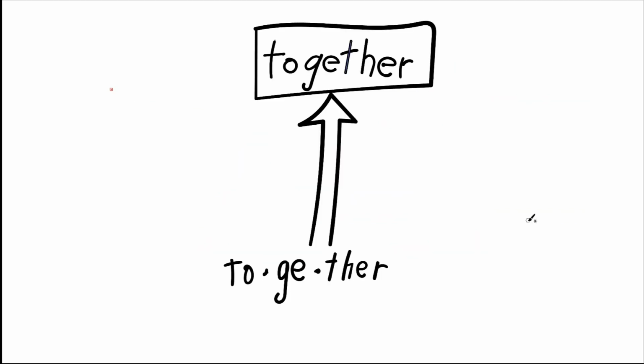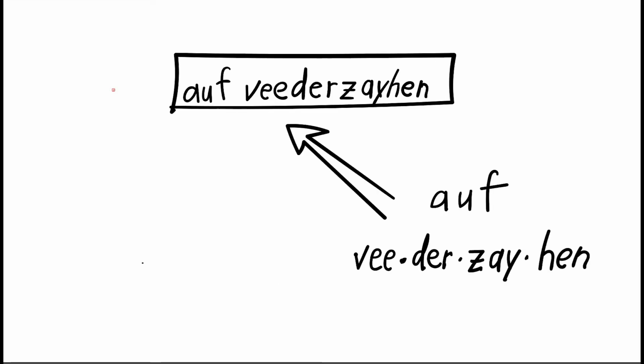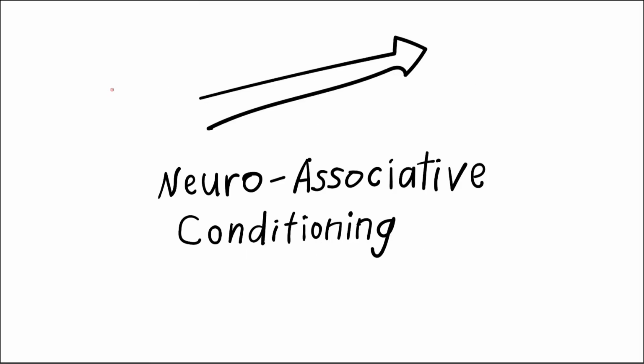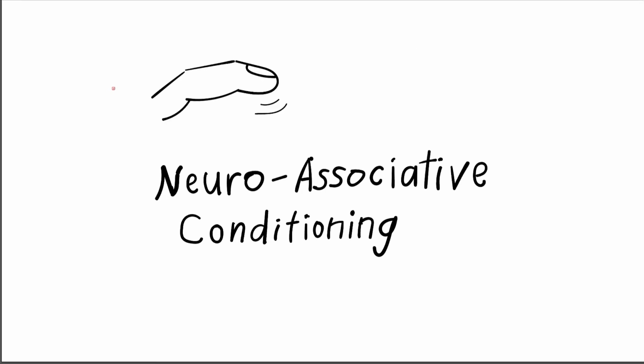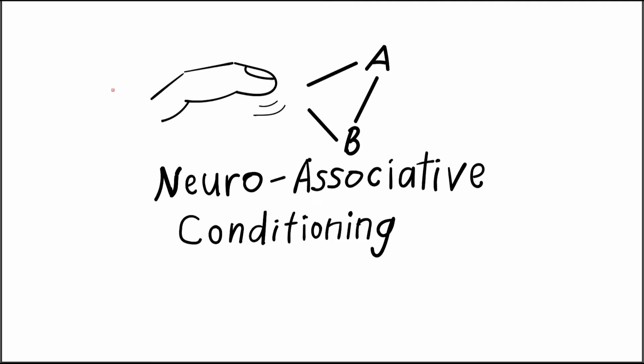Using one big arrow can bring syllables together into one thought. This one arrow includes articles and entire phrases. Imagining a big arrow is a form of neuroassociative conditioning, a technique used to associate a physical sensation such as tapping your body and using that to make an association of two other things.